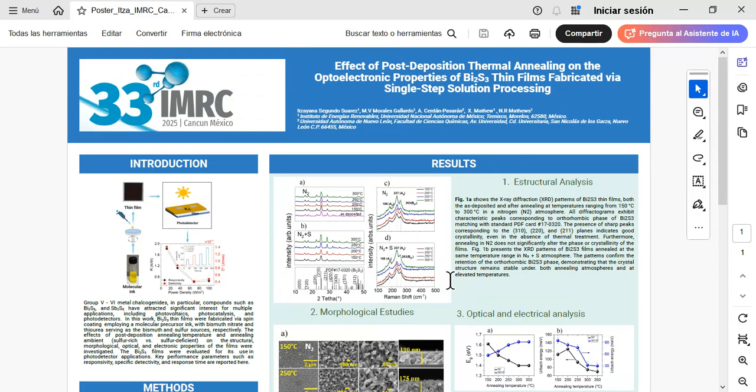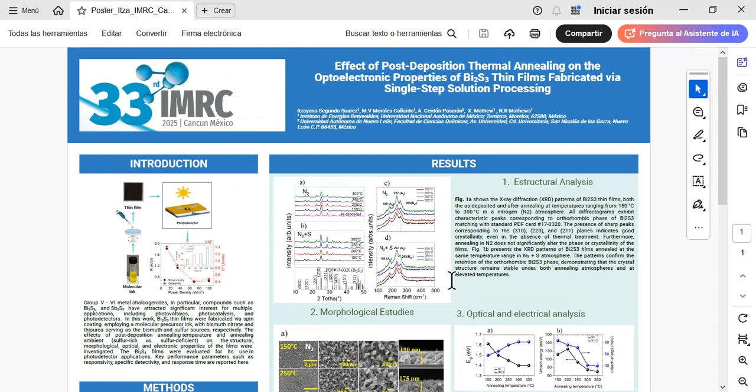The metal chalcogenides of groups 6 and 5, in particular bismuth sulfide and antimony sulfide, have attracted significant interest for multiple applications, including photovoltaics, photocatalysis, and photodetectors.